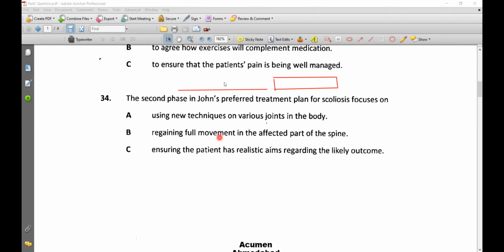Then in the next question, what is the topic here? So in the second phase, John's preferred treatment plan for scoliosis focuses on. So you can expect that in this part of the conversation, they would describe how the second phase is designed and what it focuses upon.